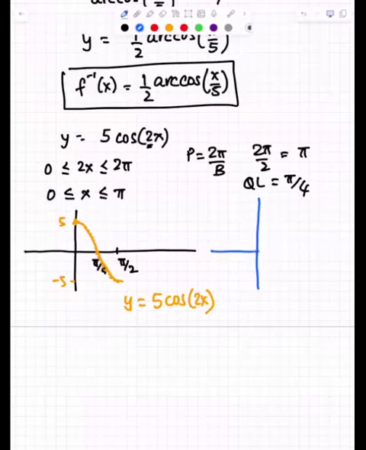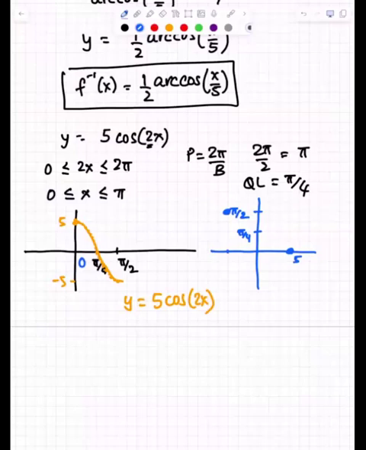What were the x's going from 0 to pi over 2, now the y's will go from 0 to pi over 2, with pi over 4 and pi over 2. The point 0 comma 5 will become 5 comma 0. Pi over 2 comma negative 5 will become negative 5 comma pi over 2.